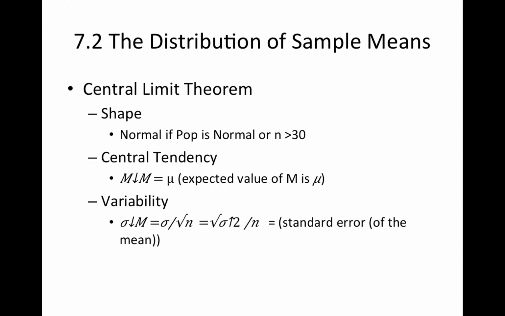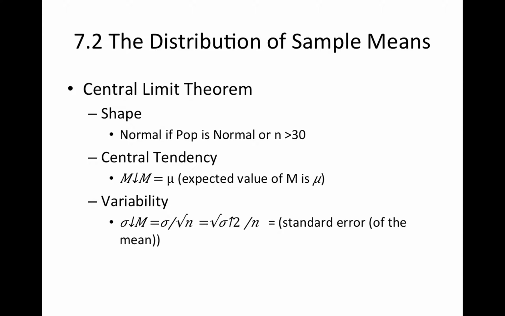Let's talk about central tendency. So central tendency is referred to sometimes as expected value. Okay, so the expected value of M, which is the mean of the samples, is mu, the population mean. This gets a little bit theoretical, but it's fairly easy to understand.